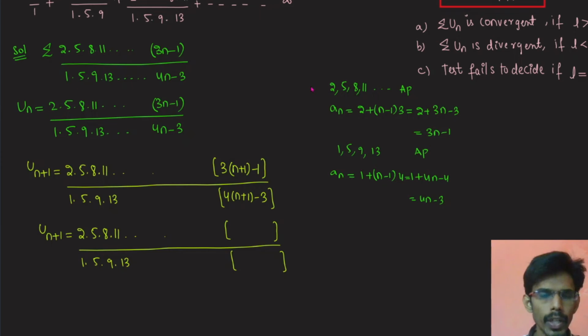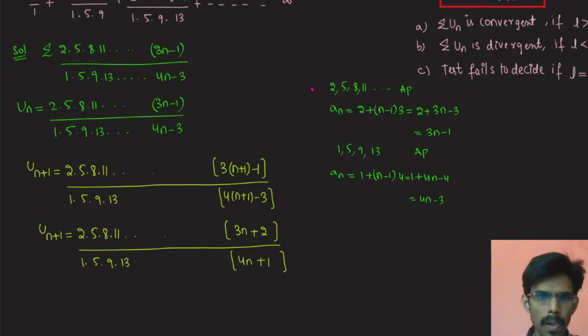Now 3 into n will be 3n, 3 into 1 will be 3, minus 1 will be 2. Next we have 4 into n, 4n, plus 4 into 1 will be 4, minus 3 will be 1.